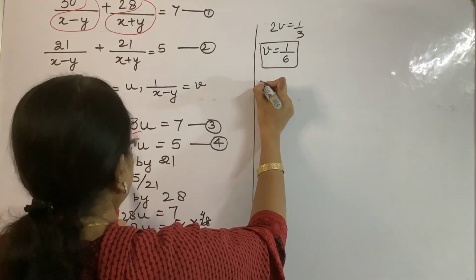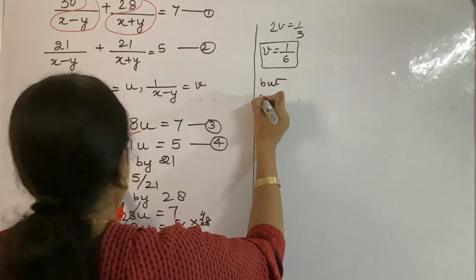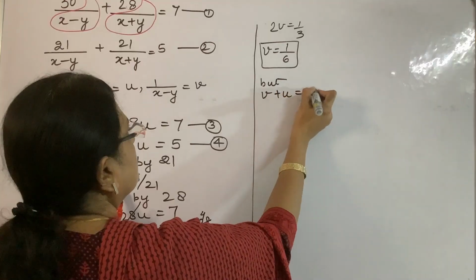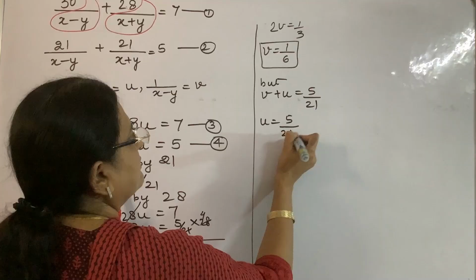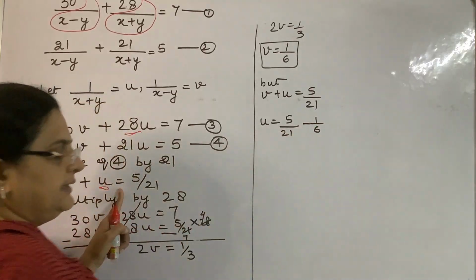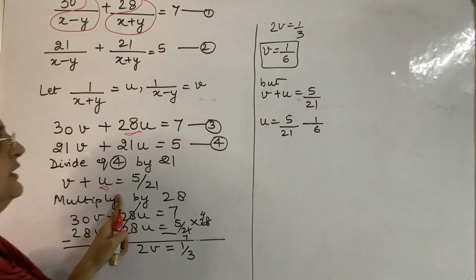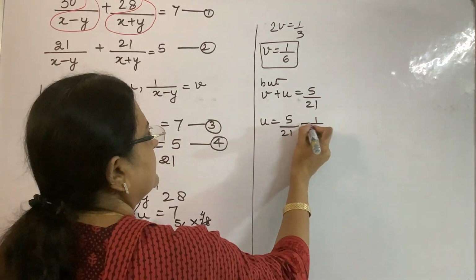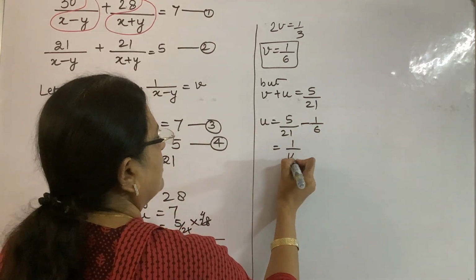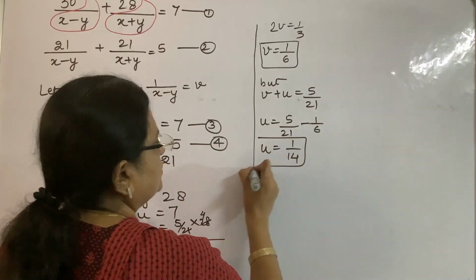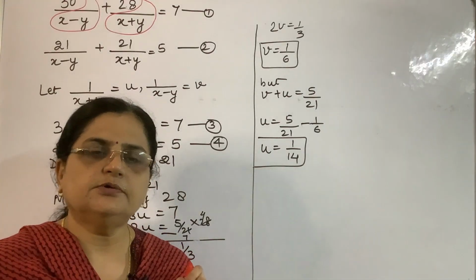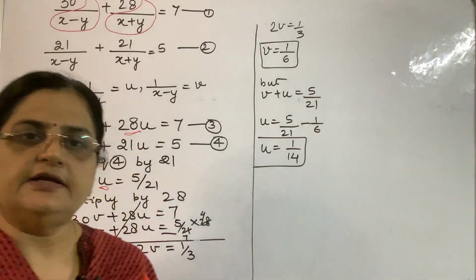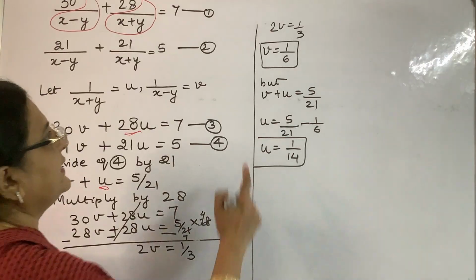Now find out the value of u. But v plus u is equal to 5 upon 21. So u is equal to 5 upon 21 minus 1 upon 6. When you calculate this, it becomes 1 upon 14. So you get the values of u and v. But are we required to find out the values of u and v? No. We have to find out the values of x and y.